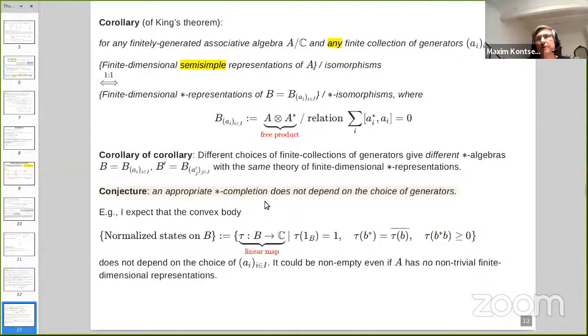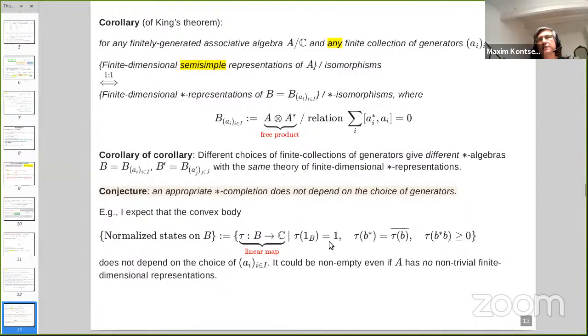For example, here is a very precise question which I have. If you have this star algebra B, which depends on the choice of generators, one can consider the space of normalized states. These will be linear maps which are compatible with the real structure, non-negative on positive elements of the algebra, and take value 1 on 1. You can also put trace states which vanish on commutators, so it will be a certain part of it.